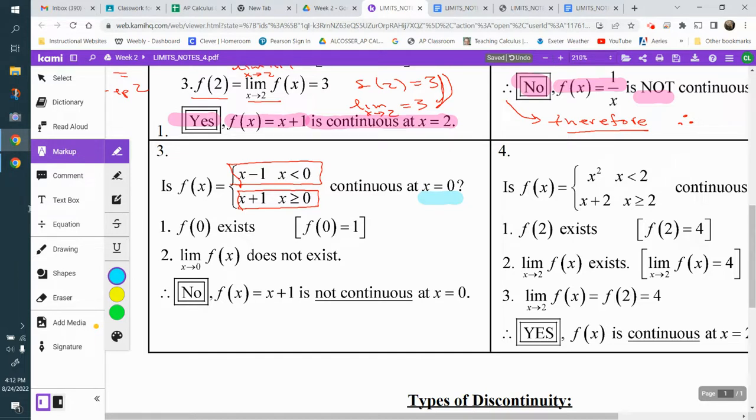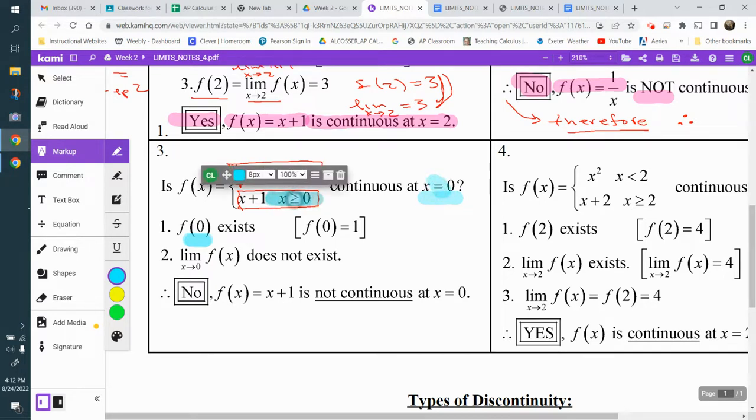So now, here's the question. This is equal to 0, so we want to know when x equals 0. Now, the domain, this right here is crucial. We have to use this one because it's the only one that will allow 0 to be equal to x. See how this is an equal?